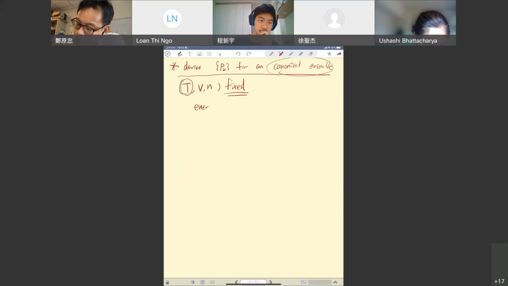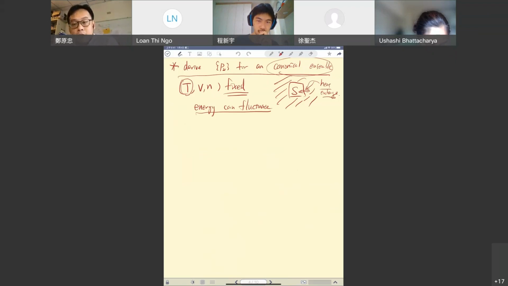Energy can fluctuate because we have our system and its surroundings. At a given temperature, system and surroundings could have a heat exchange. Because you have a heat exchange, your energy can fluctuate. And later we will show that this fluctuation is very small.